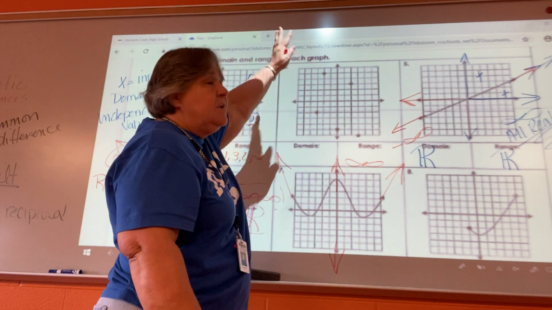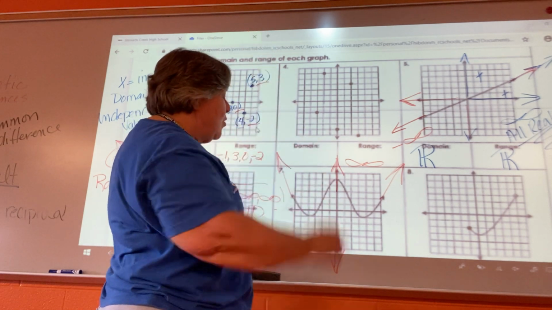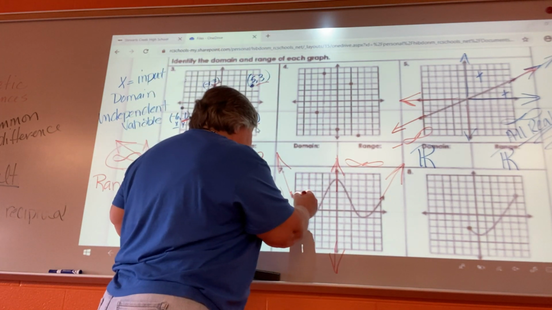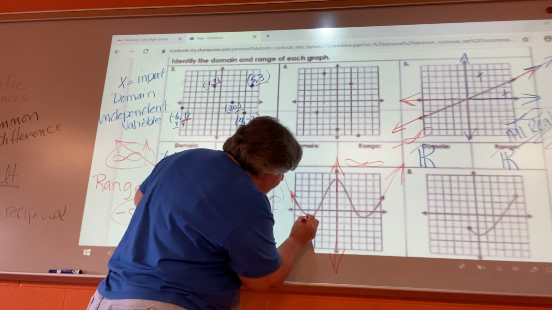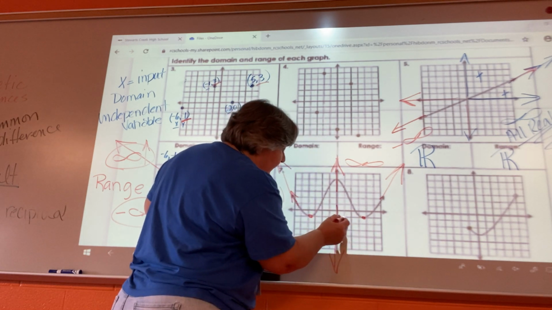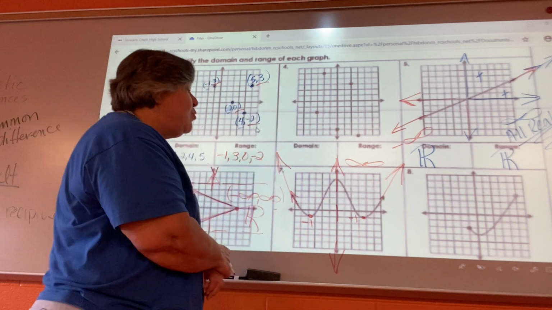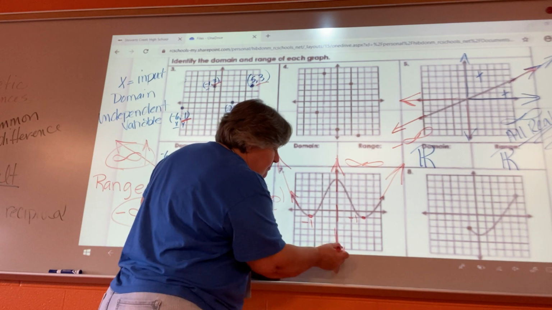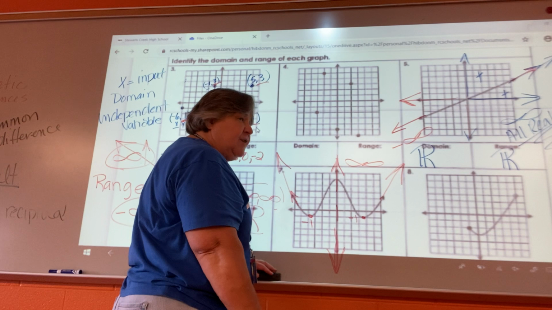But what about down? No, the end does not show that it's going down. But I have this point and this point. And on the y-axis, that's -1. So as far as it goes in this direction, it stops at -1. This graph stops at -1.